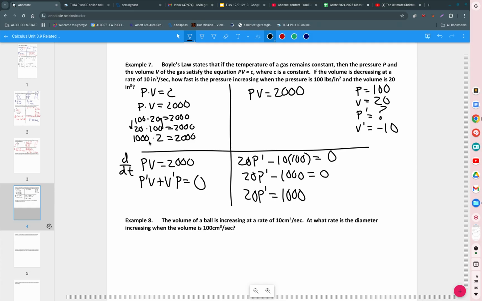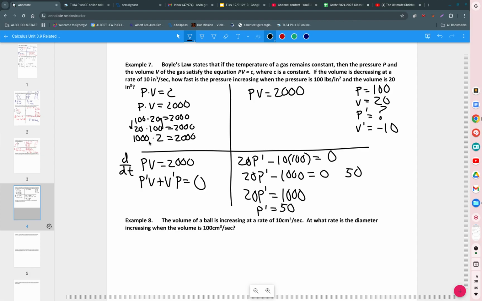If I divide both sides by 20, what do we get? 50. I did it in my head, but I had to double check.